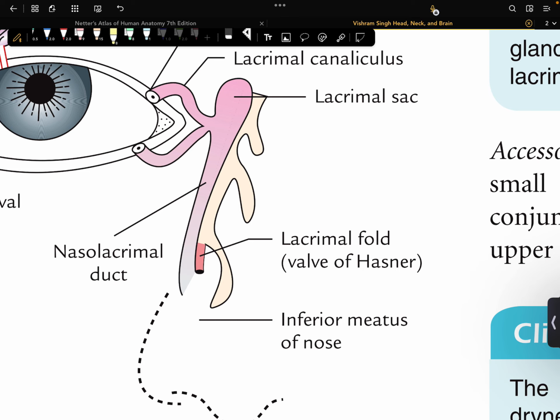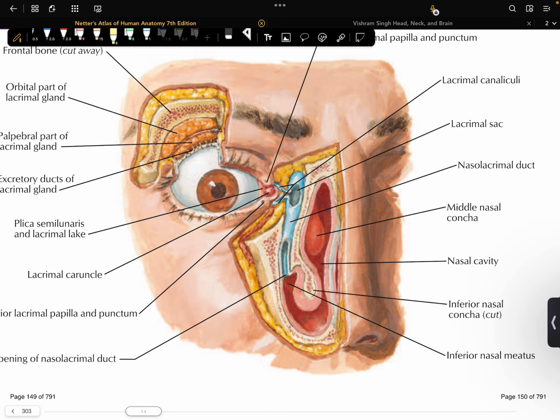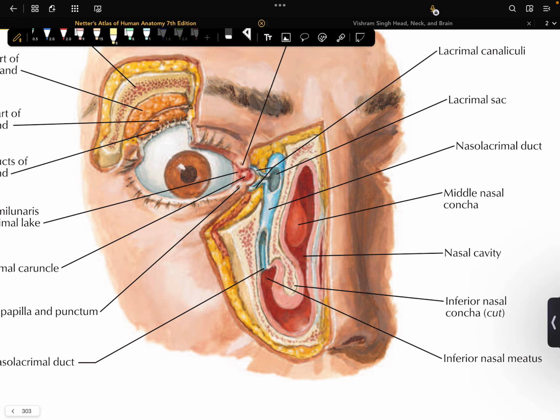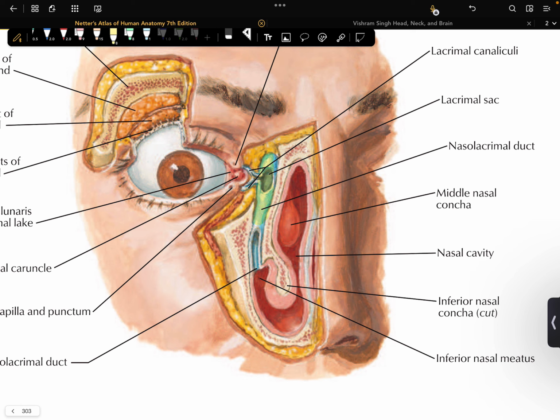The upper dilated part is the lacrimal sac, and it is situated deep to the lacrimal groove. This is the lacrimal sac, we can see here.